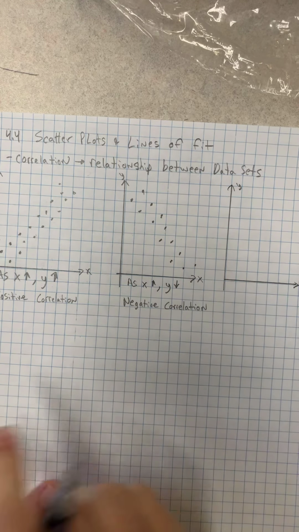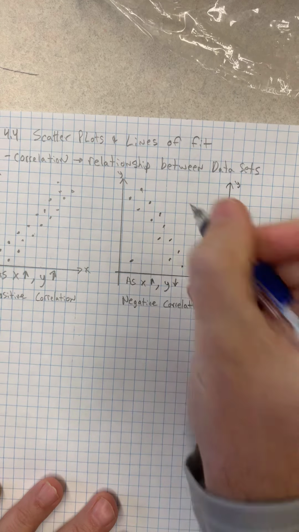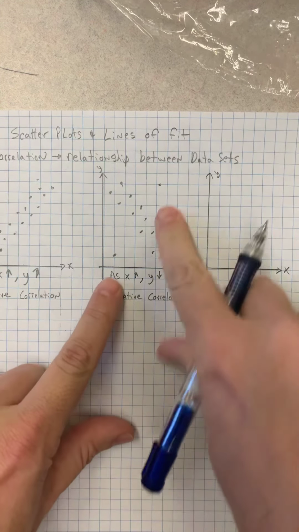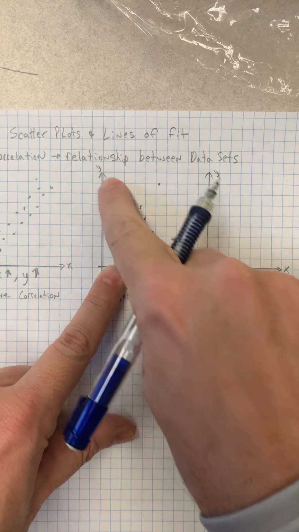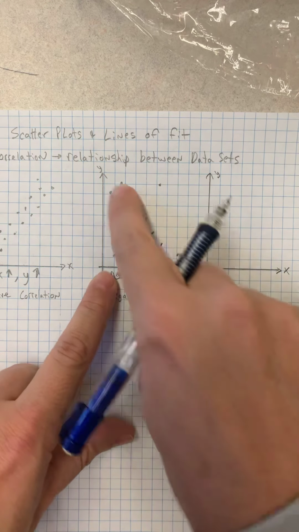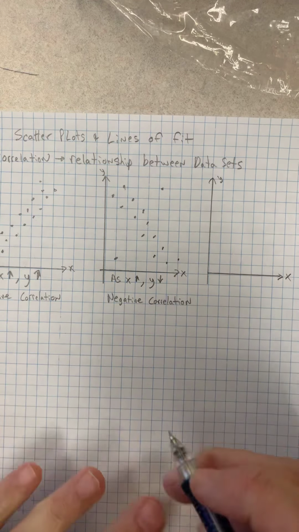And certainly with data points, I can get an outlier point. I might have a point here, I might have a point out here, that's not really in the trending data, but in general, the majority of these points have negative correlation. As x is increasing, y is decreasing.